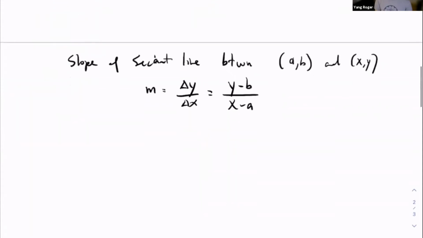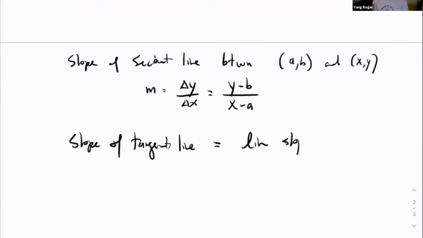And then what did we see? We saw that the slope of the tangent line is equal to the limit of the slope of the secant lines. This is as x approaches a, right?